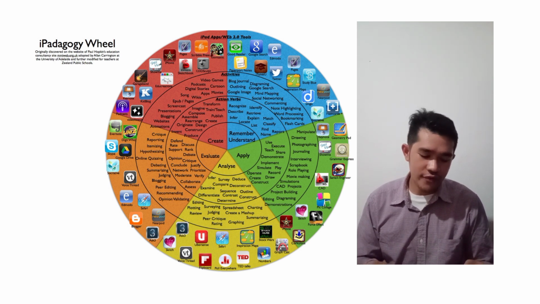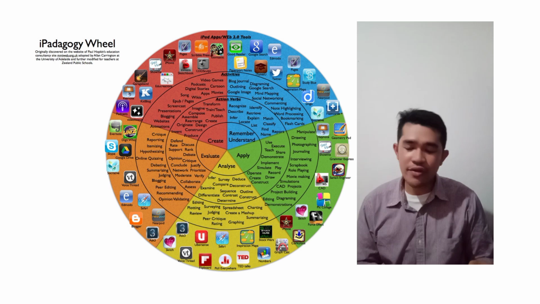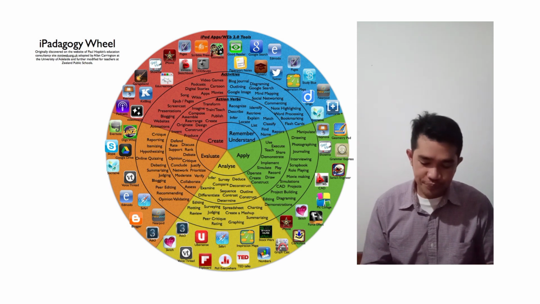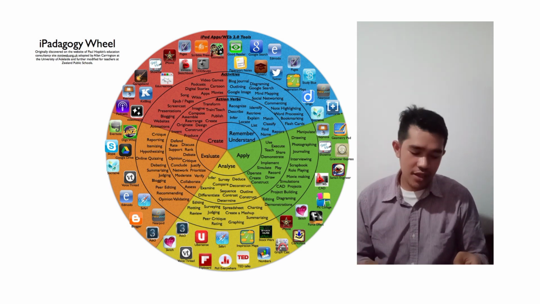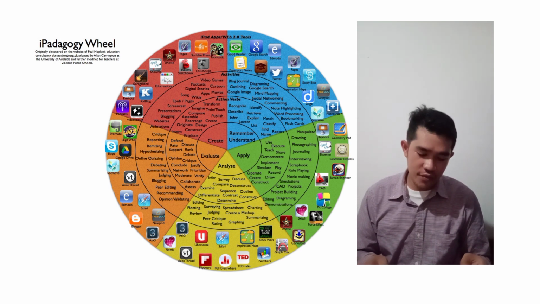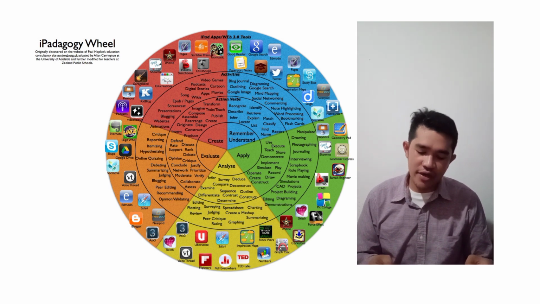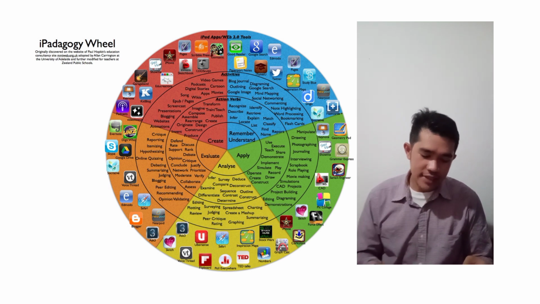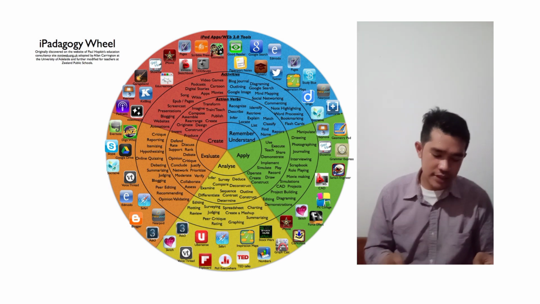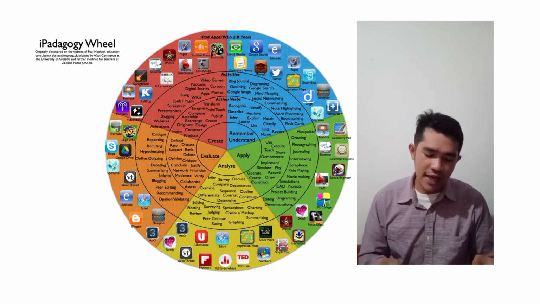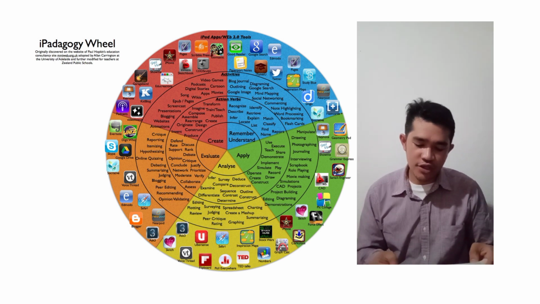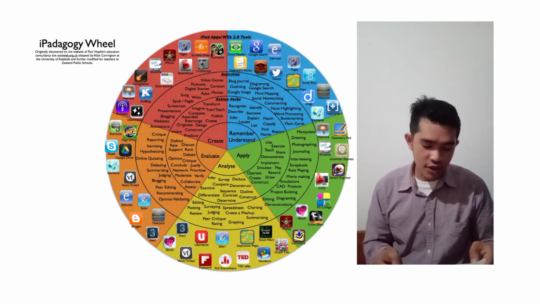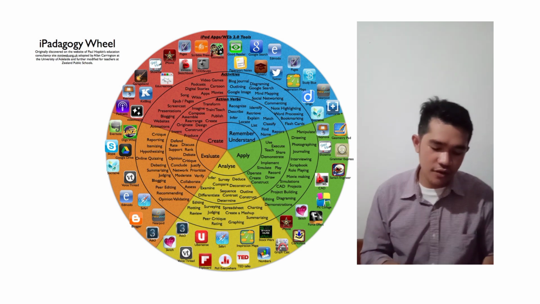Here we have comic apps like Popplet. We have many different apps that help take what they're doing and analyze it into different categories and make sense of it. We have evaluate, with things like Edmodo and Skype, and all of these allow for self-evaluation, for students to summarize, to critique, and to evaluate the content.